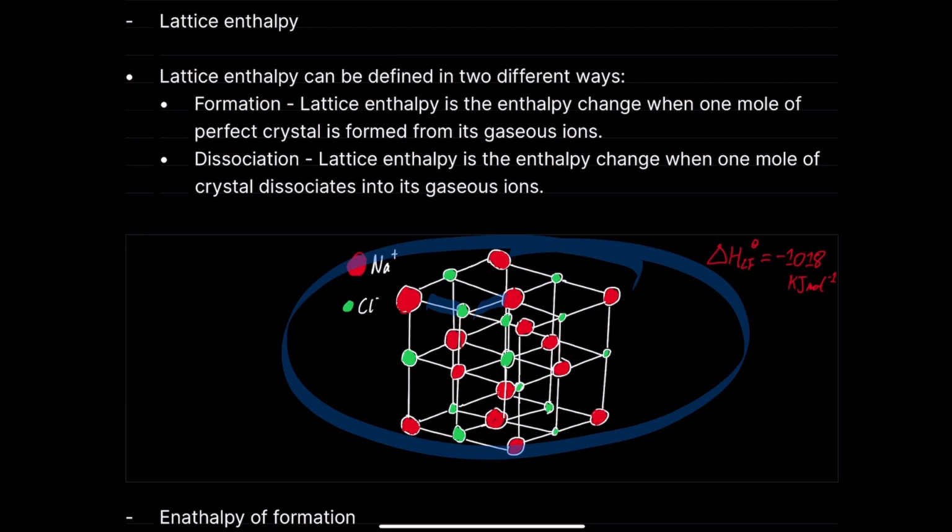So the energy released from forming these bonds is minus 1,018 kilojoules per mole, but the enthalpy of lattice dissociation will be positive 1,018. So it takes 1,018 kilojoules. Remember, bond breaking is an endothermic process. Energy needs to go in to break bonds. So lattice dissociation would be positive 1,018 kilojoules per mole.